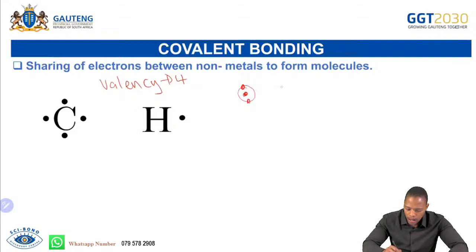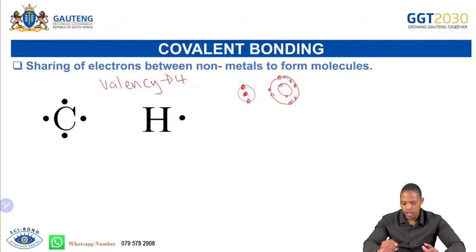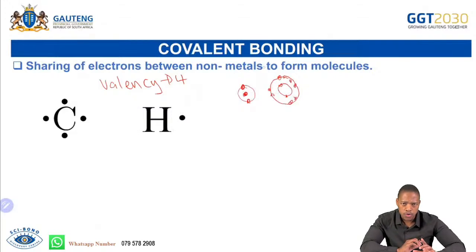But if the outermost shell is maybe the second shell, it is happy if it has 8 electrons in its outermost shell, meaning that carbon needs 8 electrons to be happy. Again, follow me here, right? And then hydrogen, since it only has 1 shell or 1 orbital, needs 2 electrons to be happy.